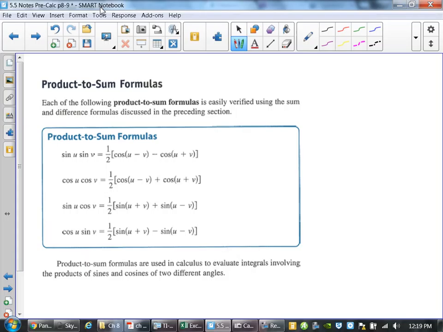All right, so we've got product to sum formulas. Again, you can use sum and difference formulas to get through all this. It's just another way to, for those of you that go on into calculus, they use these things with integrals.